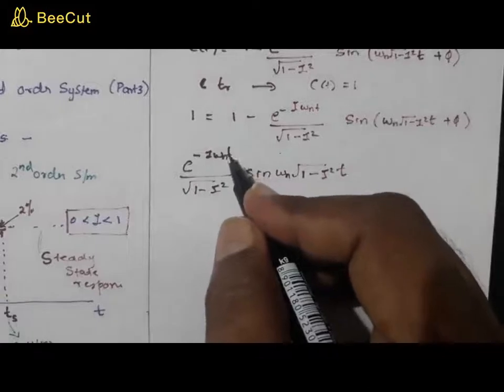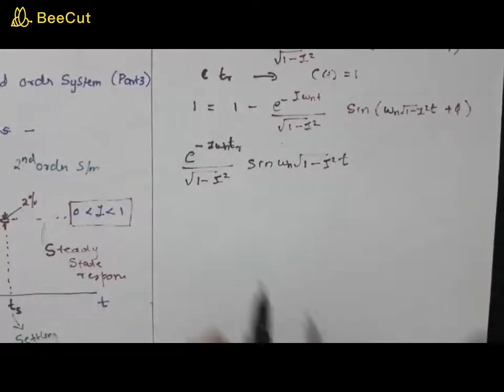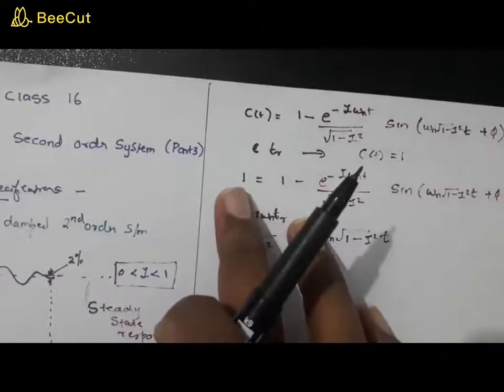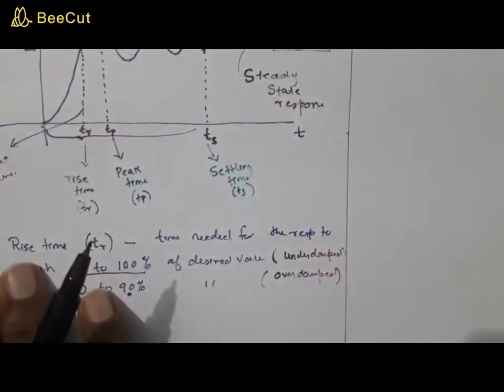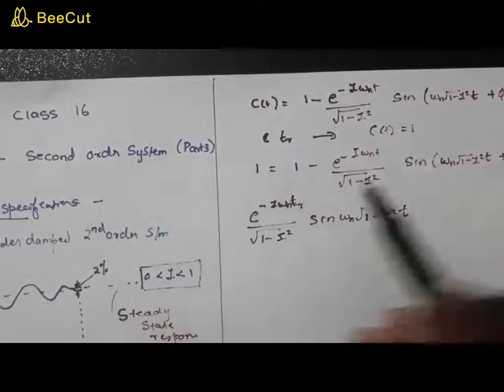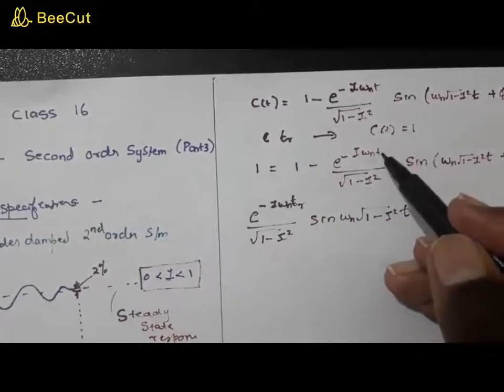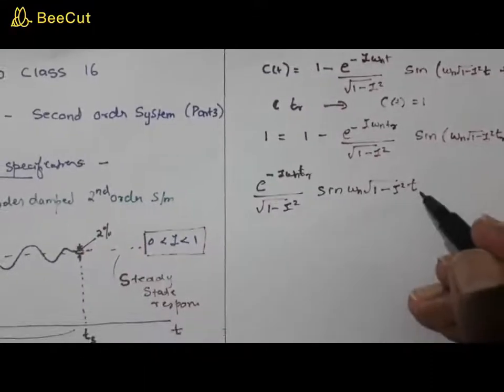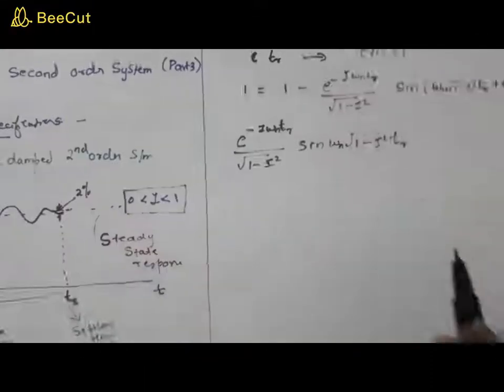Now this t can be replaced as TR because this is rise time. If you are equating this c of t to 1, that is how the rise time is defined. This is the time needed by the system response to reach 1. So obviously this t becomes TR.